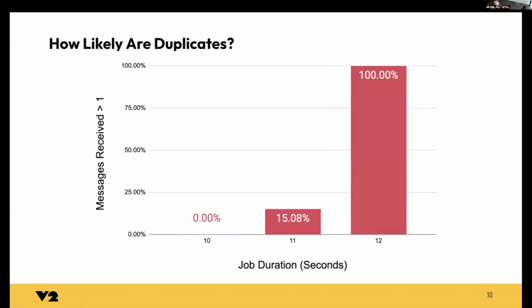As you see on the x-axis, as the job duration went up, we saw a massive spike in the number of repeat messages coming through. Interestingly, I tried it the next day, and at a 12-second job duration I got 0. So it's very much a black box, but that's definitely something you need to account for.